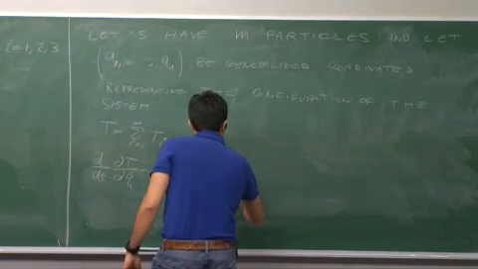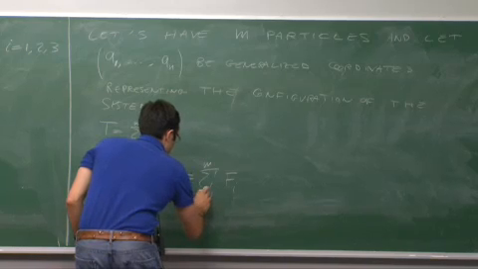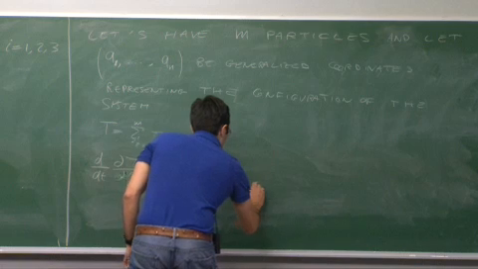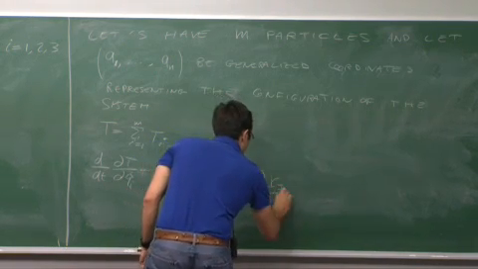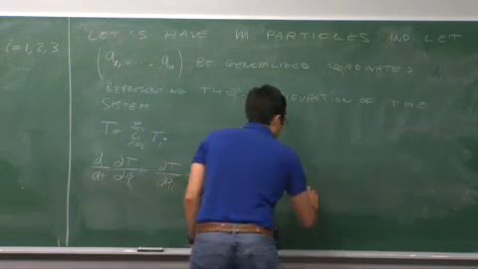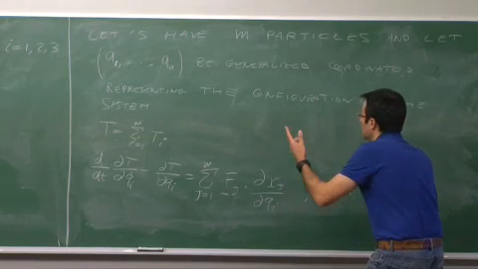What? The F_i. Oh, I'm sorry, I'm using the same index. No, let's call this j. Makes it better. So F_j dotted with the partial of r_j with respect to q_i, for i that goes from 1 to n.